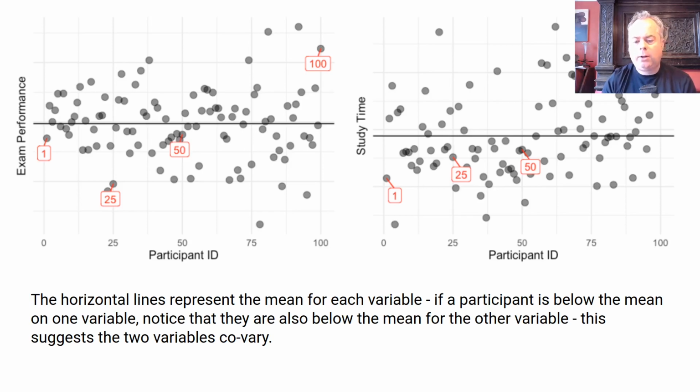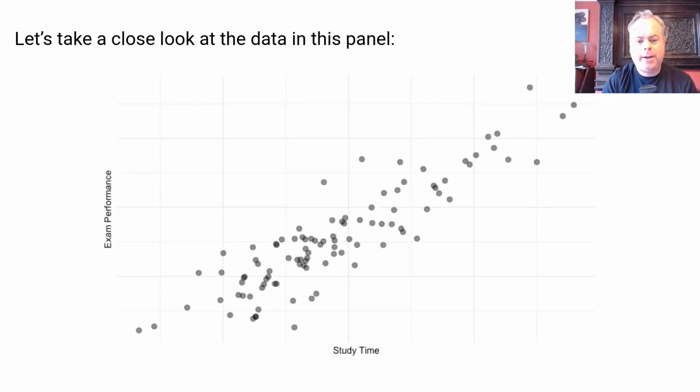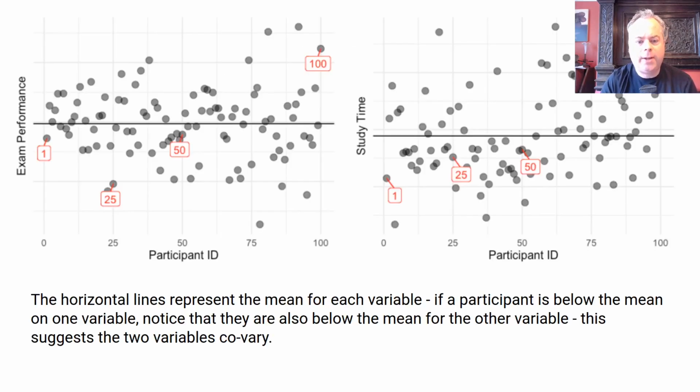So if we're going to take a closer look at this panel here, we can take our two variables of exam performance and study time and plot those separately for each of our 100 participants. So what I've done is plot the two variables separately in these two plots here by participant ID.